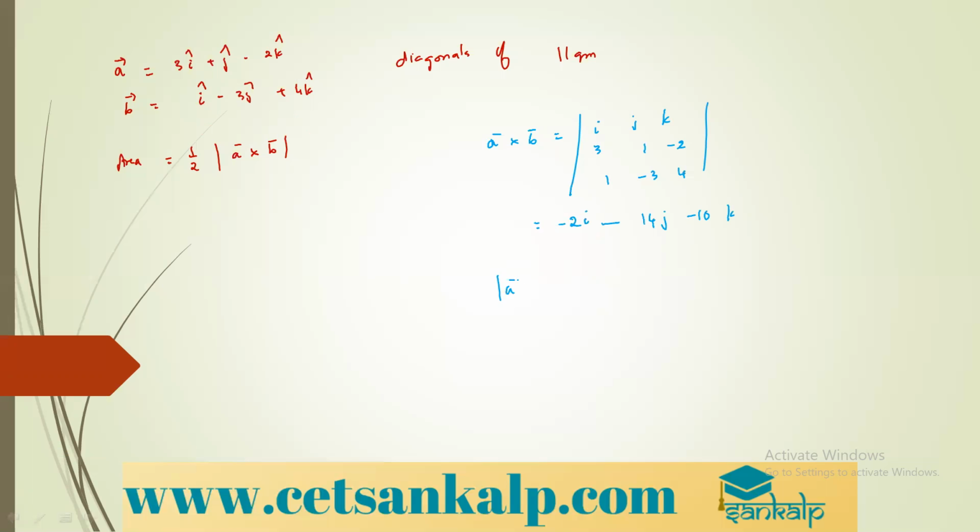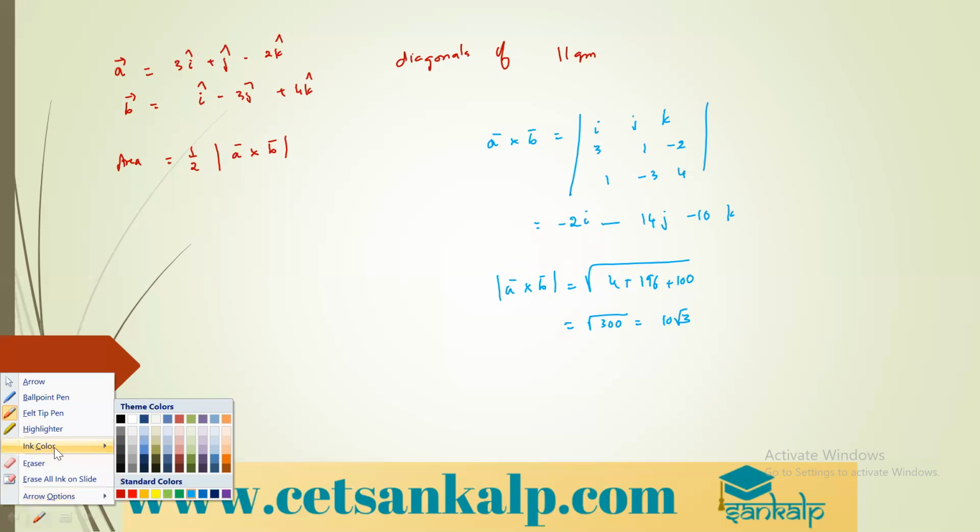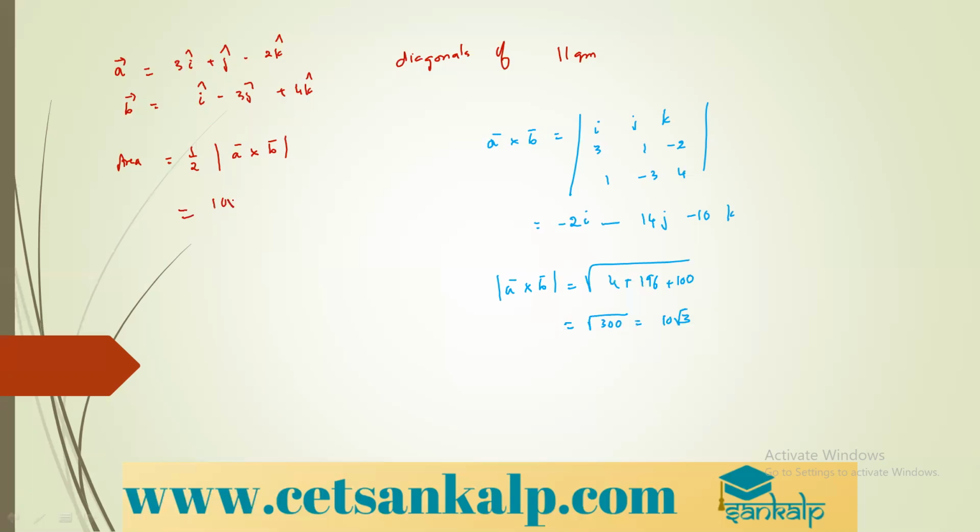And then when I take mod of A cross B, it will be square root of 4 plus 196 plus 100, and that is square root of 300, or 10 root 3. So the area is 10 root 3 by 2, or just 5 root 3.